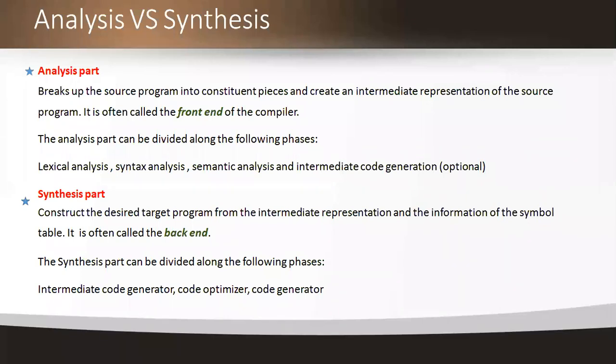And the next property of these compilers is, whatever error messages we get in the form of warnings after the compiler performs the compilation, those should be good error messages. The compilers must give good error messages. This is the next important property.